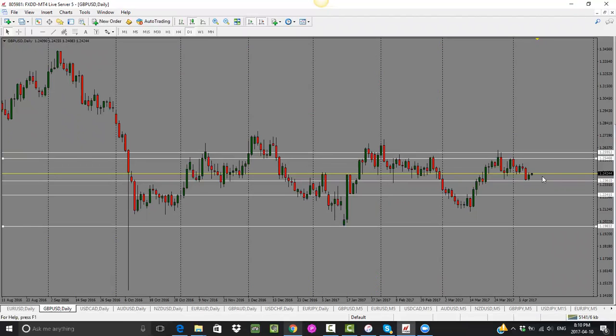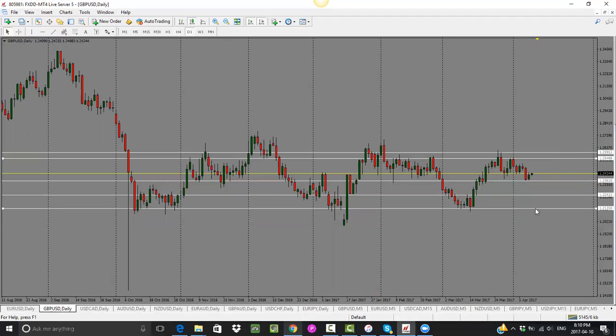So it could do this big move tomorrow if we do get the positive numbers, just like it did last time. It was one of these candles here where it did have a big impact on the British pound. So we'll watch out for that. At this point, it is a support area.